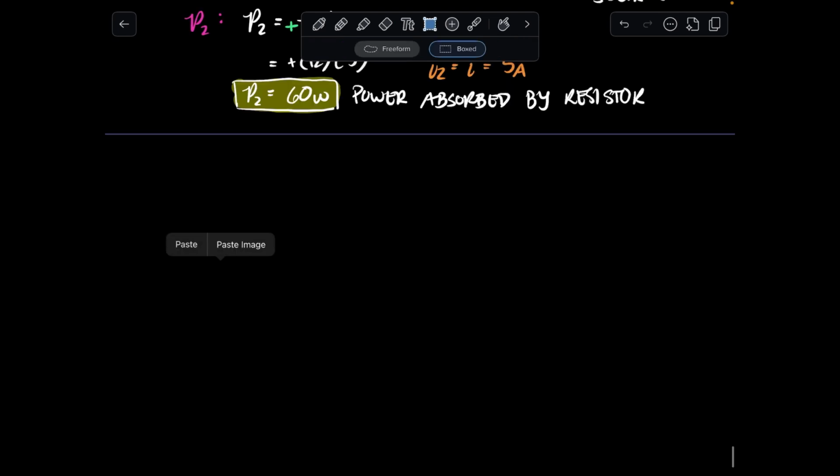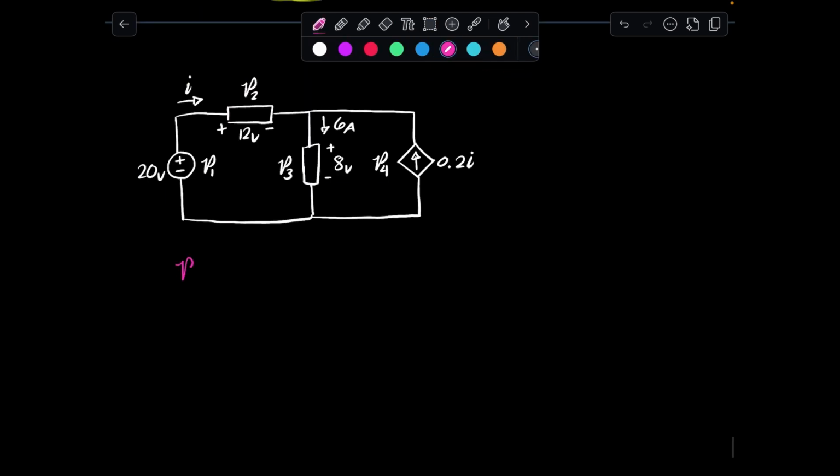Okay, I'm going to copy the image again. And for P sub 3, we have that P sub 3 is equivalent to V sub 3 times I sub 3. We see that current right here is going down into the positive terminal of the element, and therefore this would be a positive value.